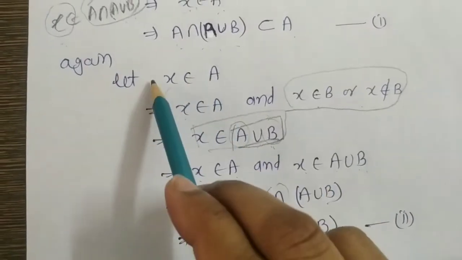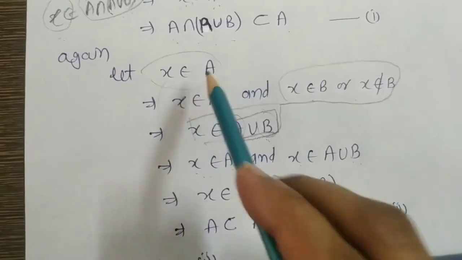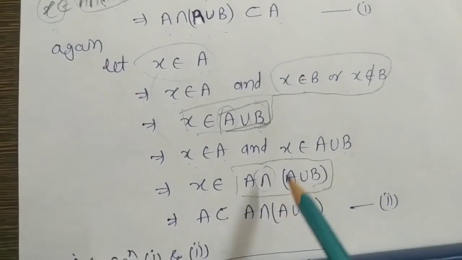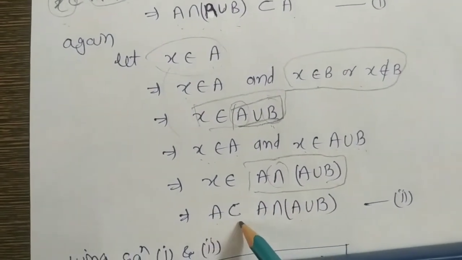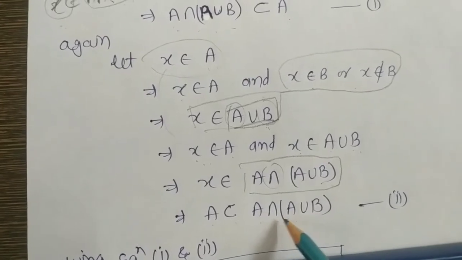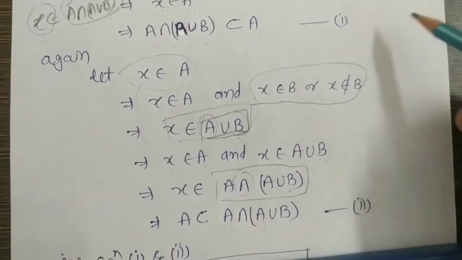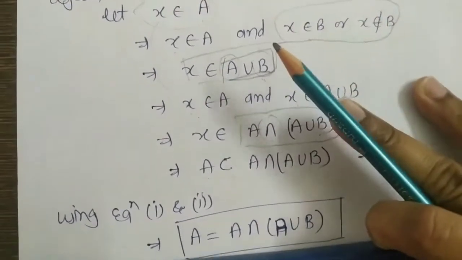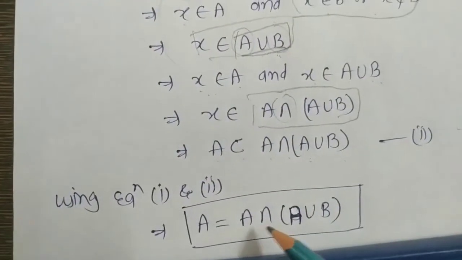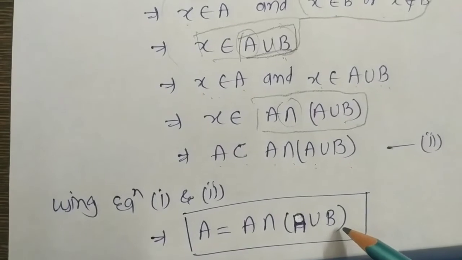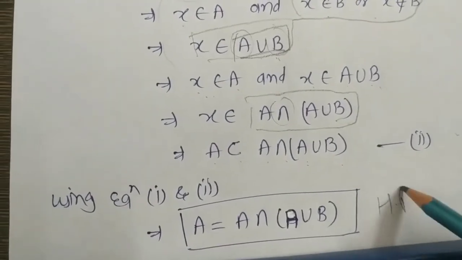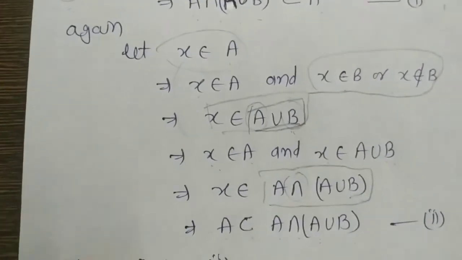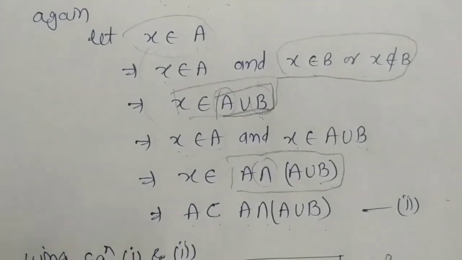That's why we have again proved that every element of A belongs to A intersection (A union B). Hence, A is a subset of A intersection (A union B). From the first and second results, A equals A intersection (A union B). Hence proved.